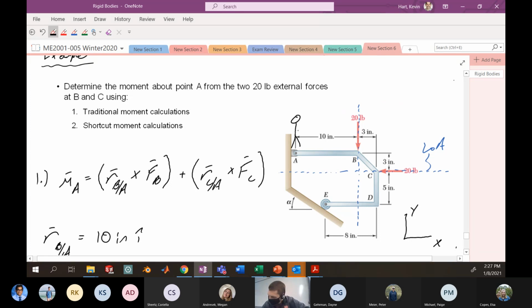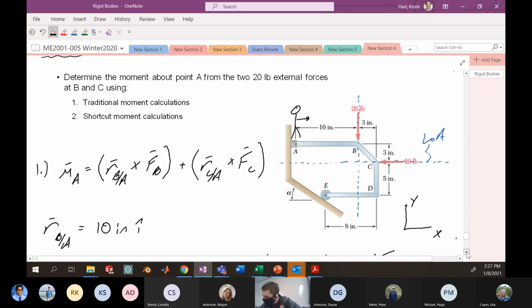You're standing here at point A, and you're going to stick your right arm out towards that force at B, and curl your fingers in the direction of that force at B. The direction that your thumb points should be into the page. Into the page is the negative direction by convention.